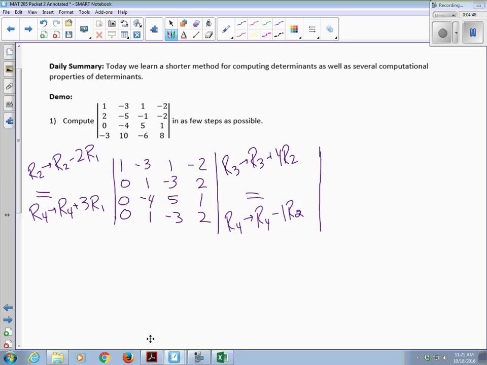All right, so this is 1, -3, 1, -2, 0, 1, -3, 2, and then row 3 changes to 0, 0, -7, 9, and row 4 becomes 0, 0, 0, 0.